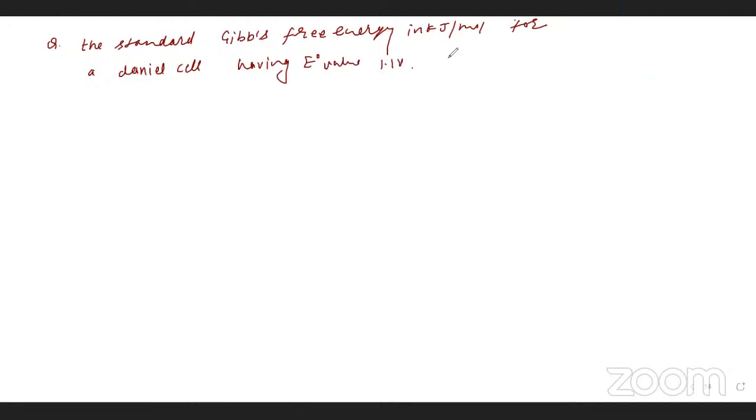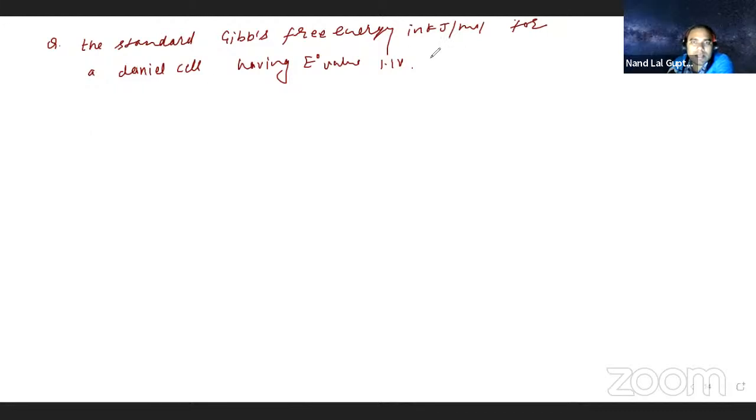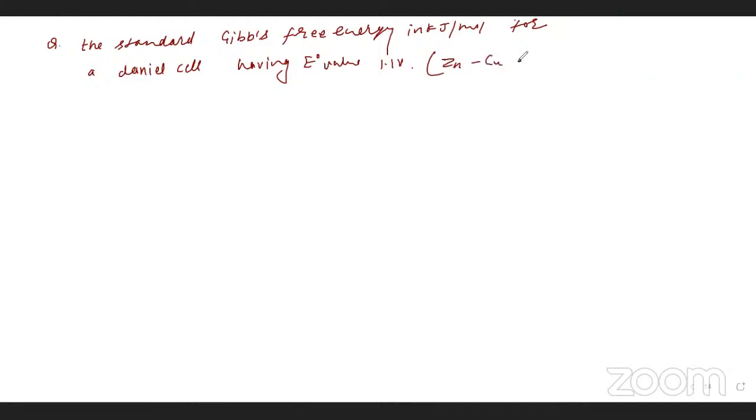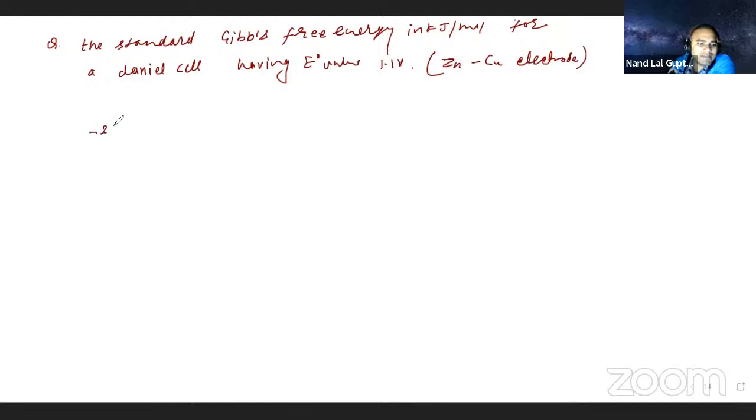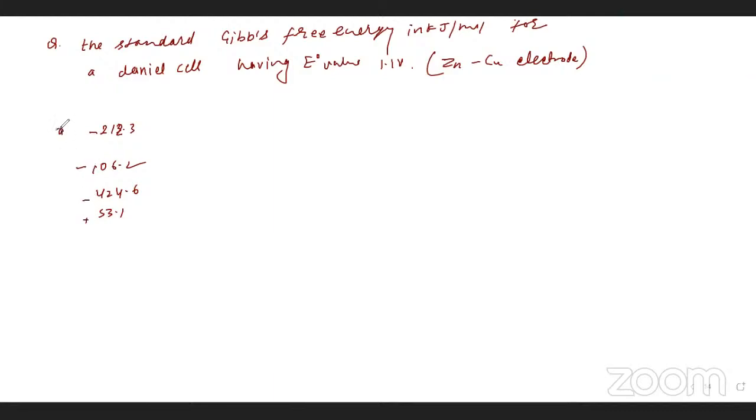The options given are for the Daniel cell, with zinc and copper electrodes. The answers are 213, 212.3, 106.2, 424.6, 53.1. Three are negative and one is positive.